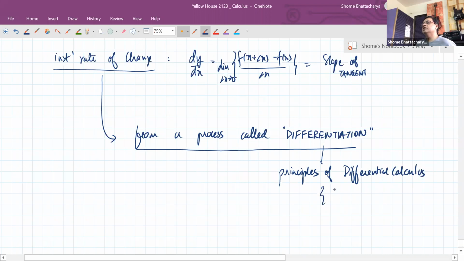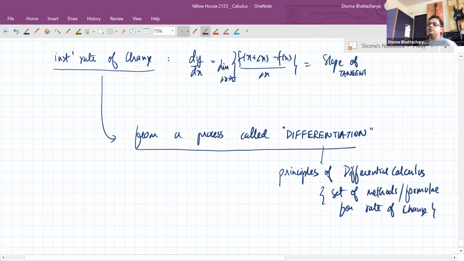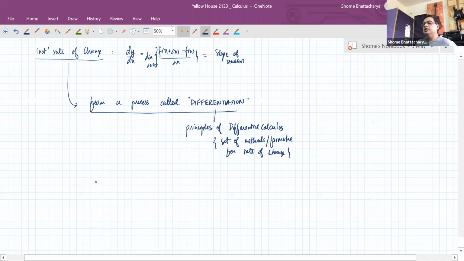So these are basically a set of methods and formulae related to those methods for rate of change. For calculation of rate of change, they give us a set of methods and techniques and formulae. Okay. So the first thing we learn in this is the differentiation operator.